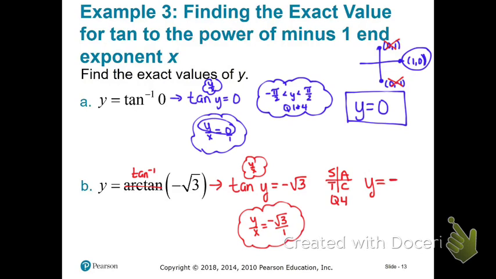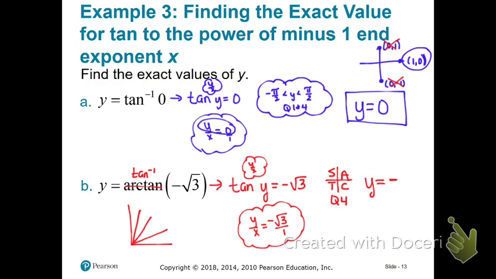Now, I've got the square root of 3. That sounds like a finger thing, so let's go back to our fingers.